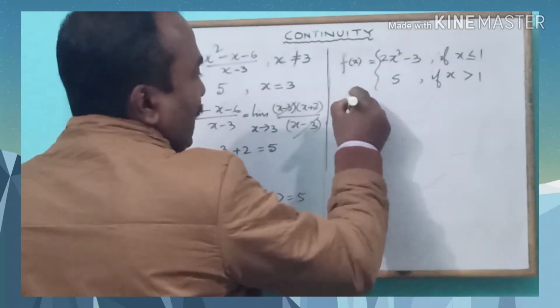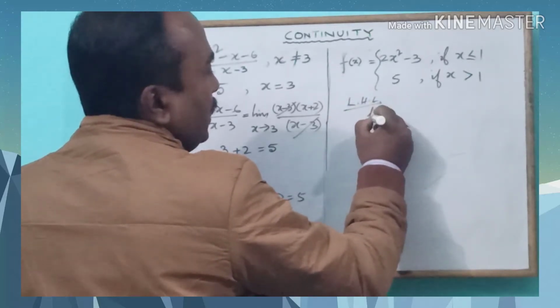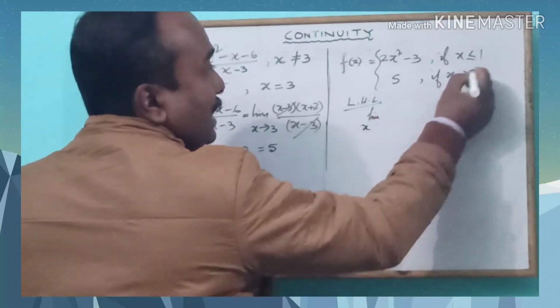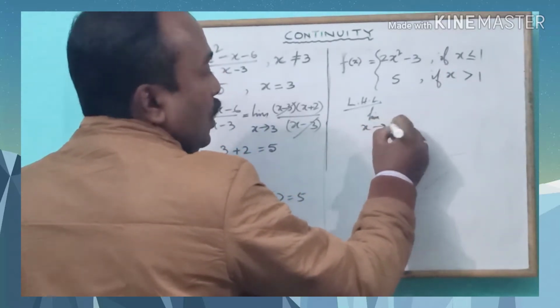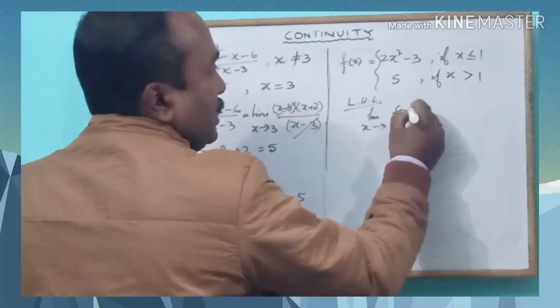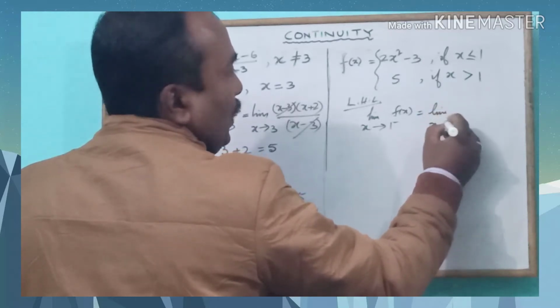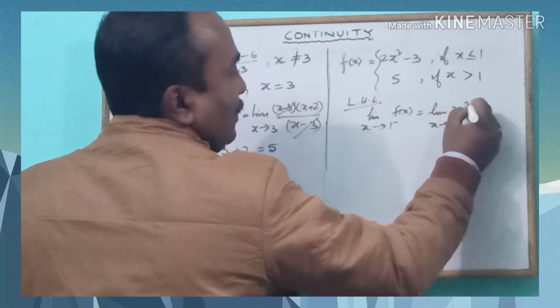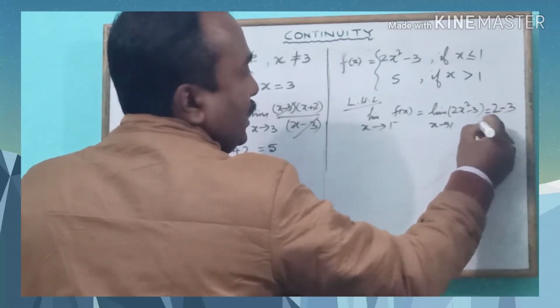So left hand limit: limit x tending to 1 minus f(x). We put this value. Limit x tends to 1 of x square minus 3, that is 1 minus 3, that is minus 2.